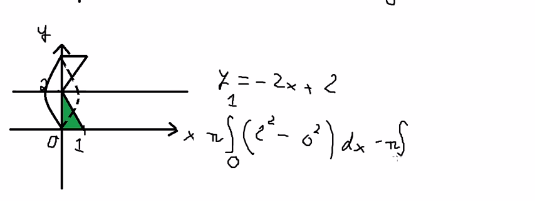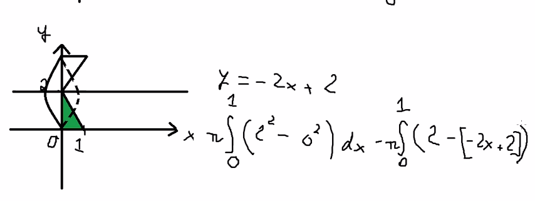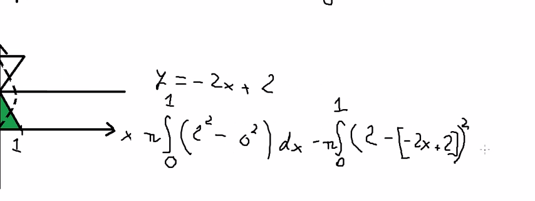We have pi from 0 to 1, so we have the number 2 minus this one, and that's the answer to the question.